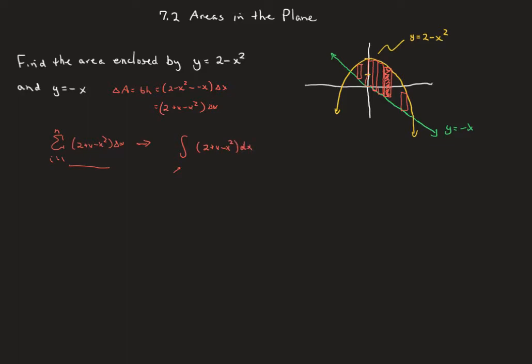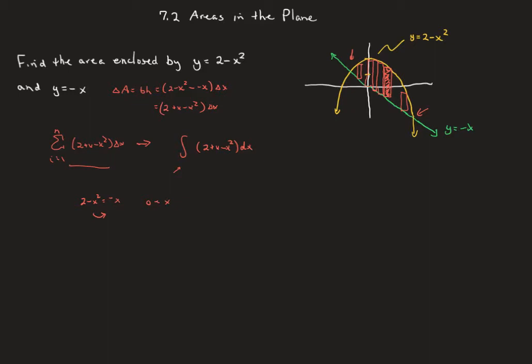The boundaries of our region are going to be the points of intersection. Sometimes we'll be able to use our calculator, and sometimes we should be able to do it by hand. I'm going to do this one by hand. In future problems, we'll use our calculator and make sure we have that skill as well. So if we say 2 minus x squared is equal to negative x, I'm going to bring everything to the right side.